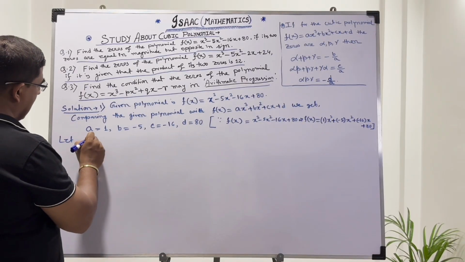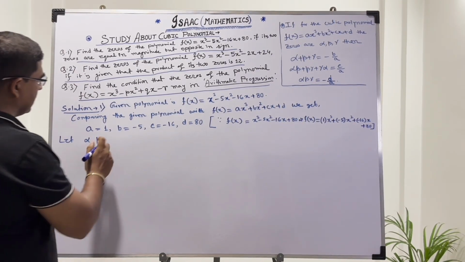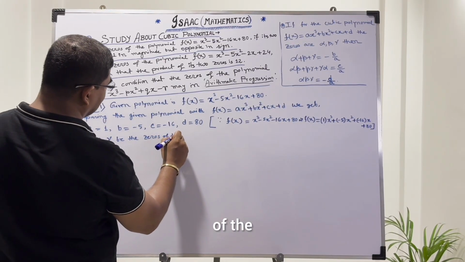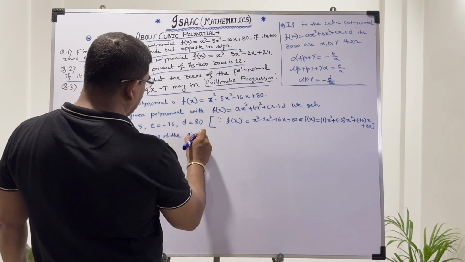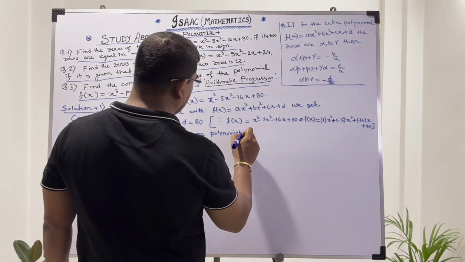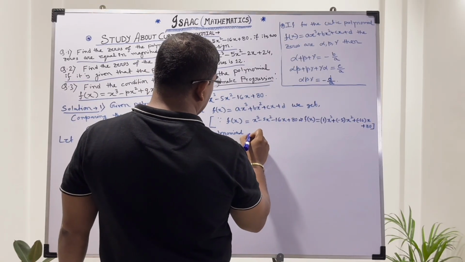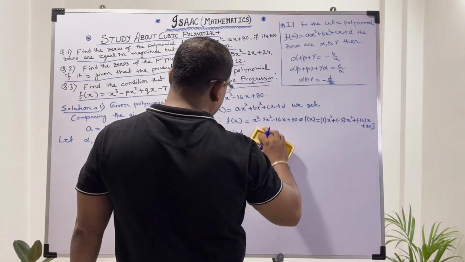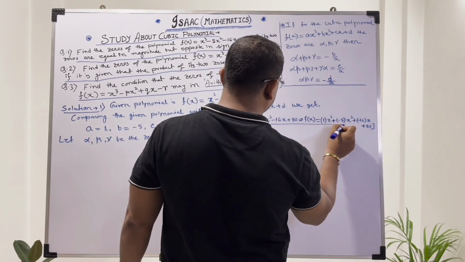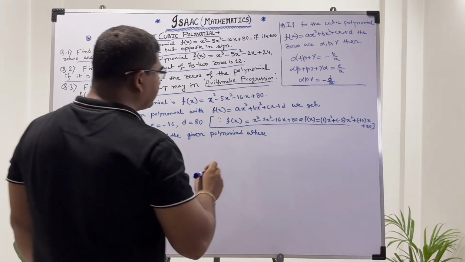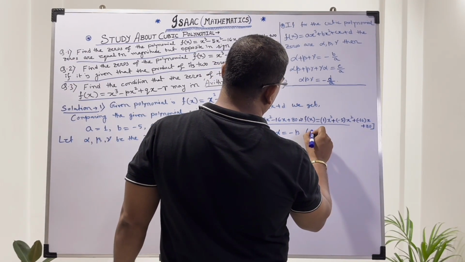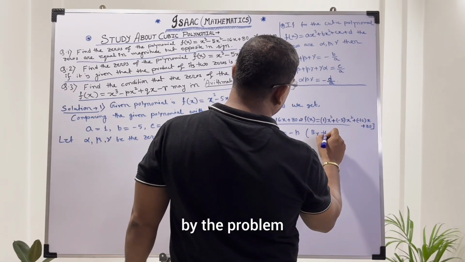Let alpha, beta, gamma be the zeros of the given polynomial such that alpha equals minus beta, by the problem.